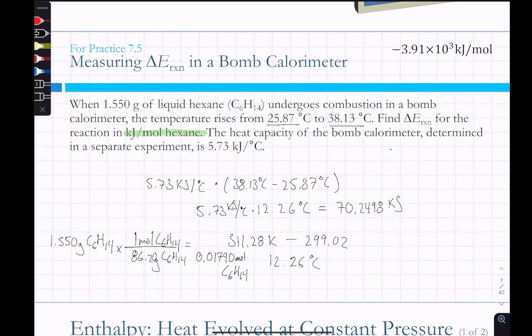And then if I take 70.2498 kilojoules, divide it by 0.01740. What? Did I just do the same thing twice?